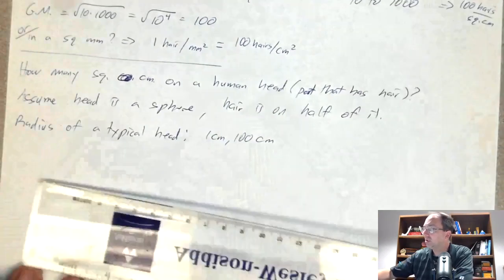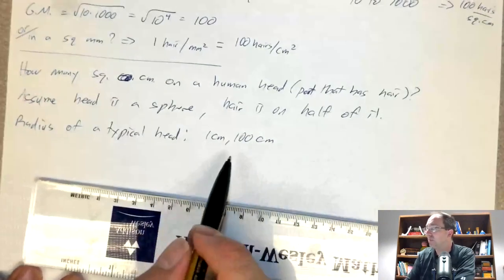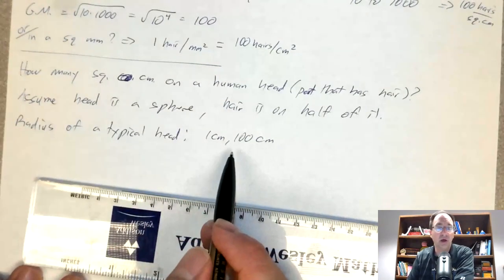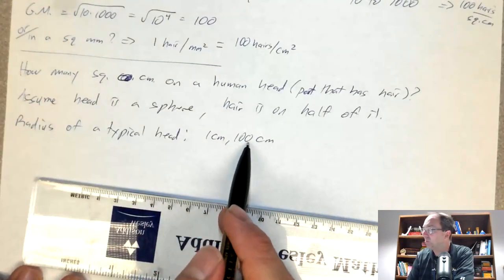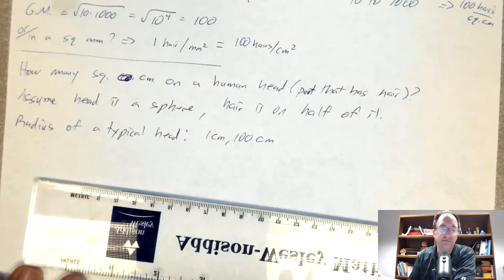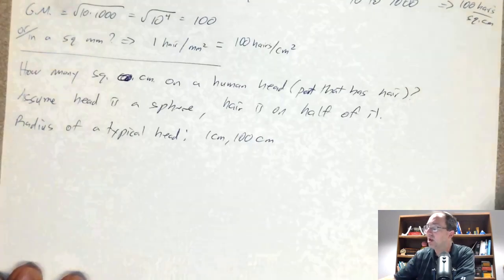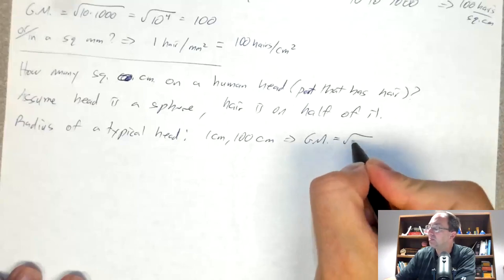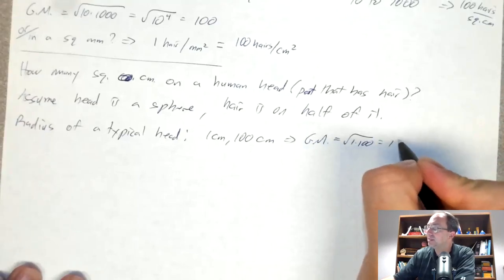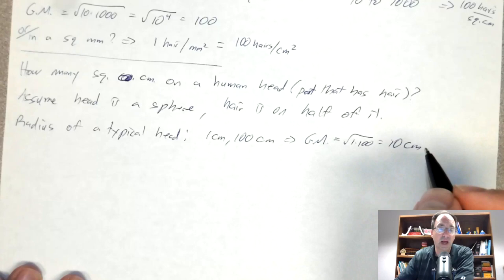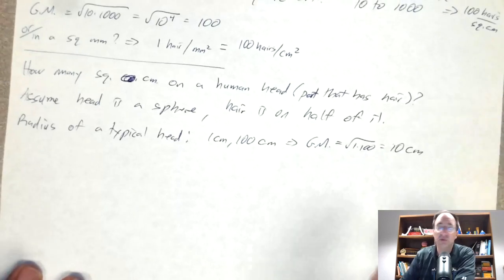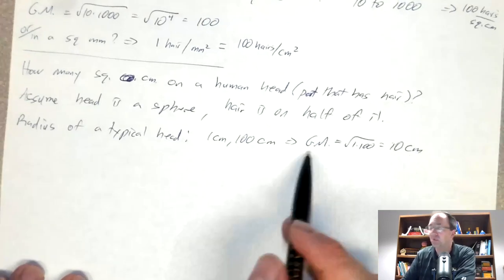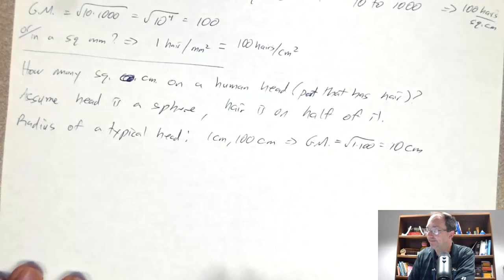Again, we can look at a ruler and see that's clear. In fact, we could even do better than that. We could even probably make that more like 30 or 40 or something. But notice our geometric mean is going to be the square root of 1 times 100, which is 10 centimeters, which is probably not a bad estimate on its own. So you might have been able to come up with that number without using the geometric mean.